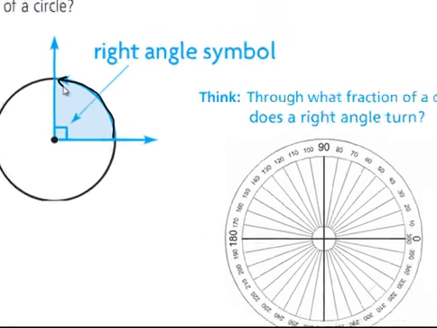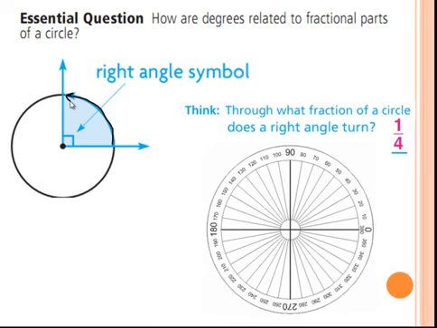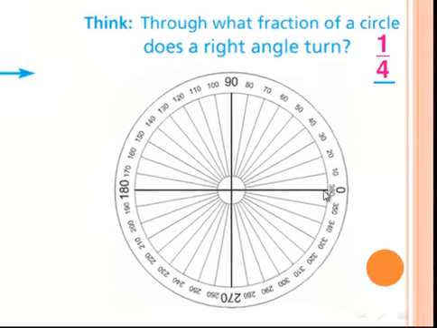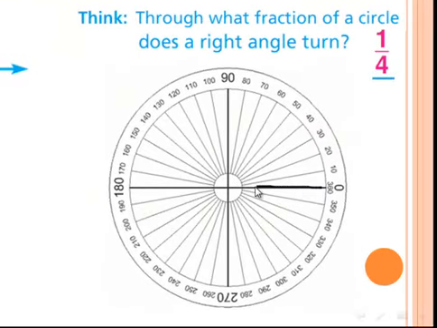Okay, my important question is, how many degrees inside 1/4? Do you know? I'm going to use this circle. By the visualizing way, when I see 1/4, I divide the circle into 4 equal parts. And I know this part represents 1/4.